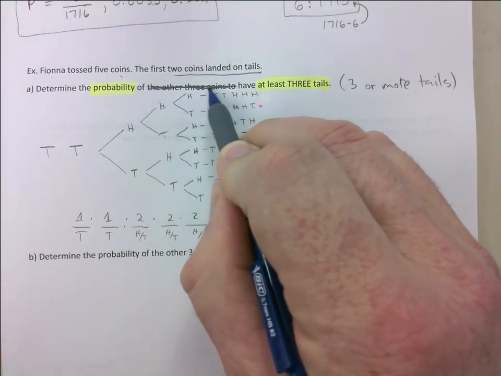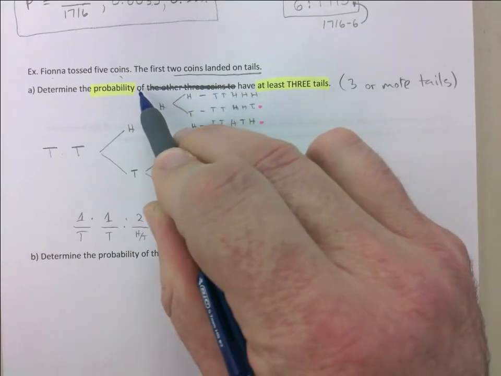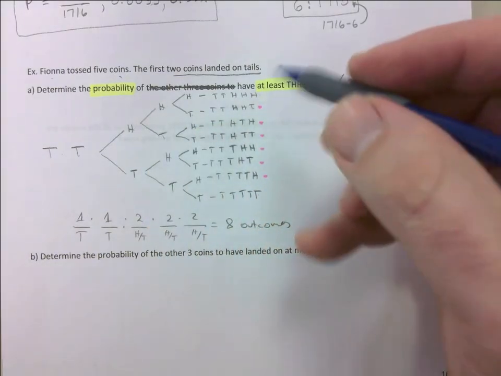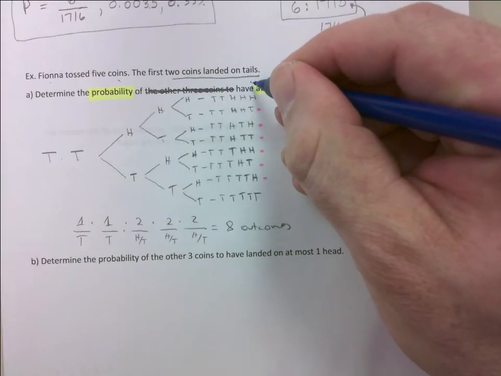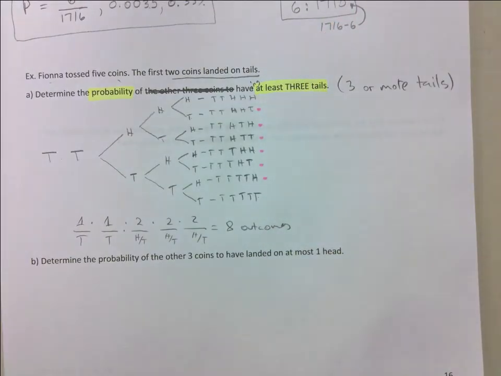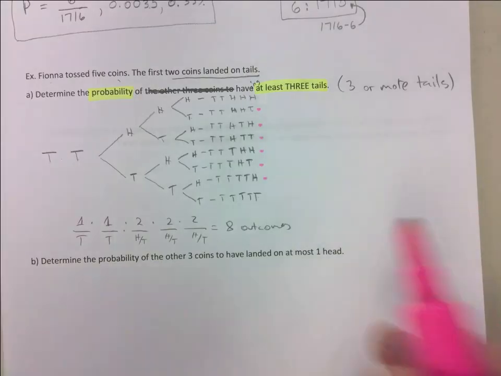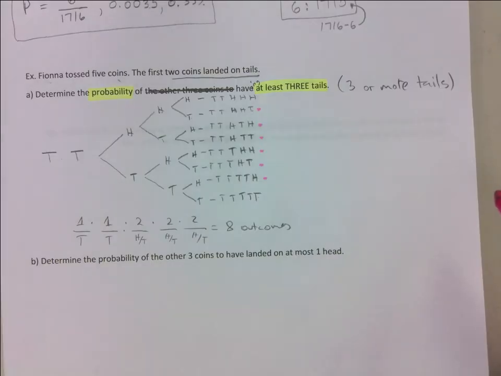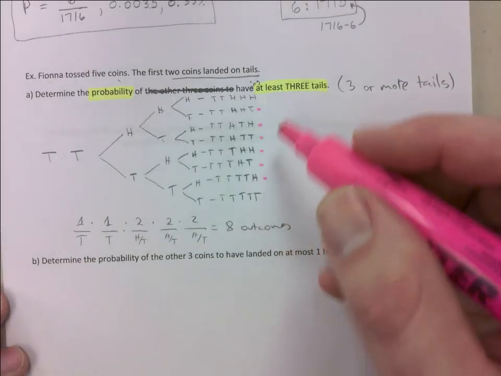So we just want to make sure that in total we have 3 or more, tossing all 5. That's my bad. I just didn't word that one correctly.